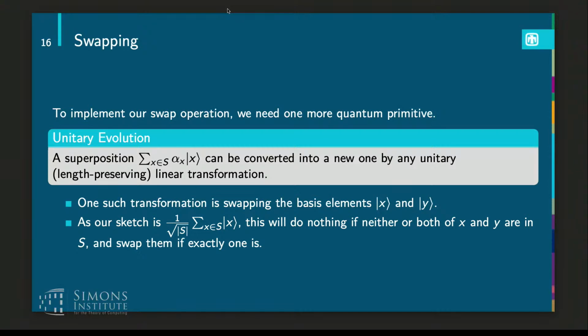If you remember, the sketch vector was supported exclusively on the elements of S. This means that if x and y are both in S, you'll do nothing. If neither x nor y is in S, you'll do nothing. And if exactly one of them is in S, you will remove that one from S and add the other one to S, which is exactly what we promised for our swap operation.